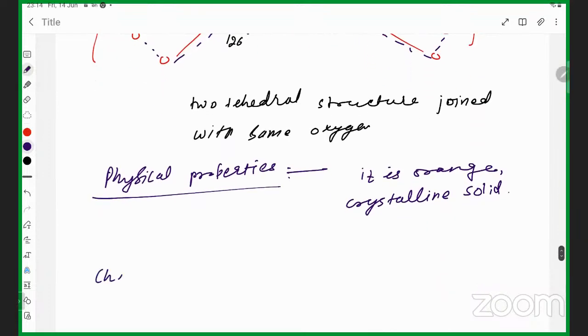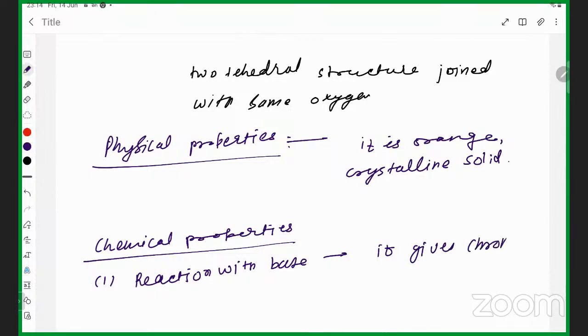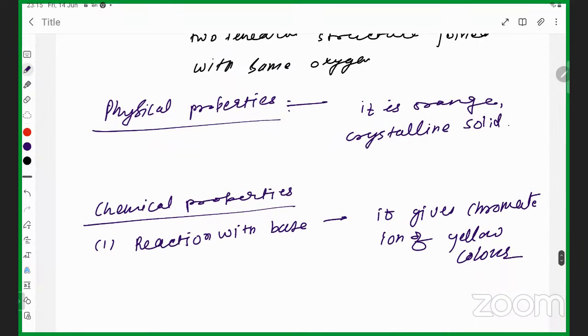Chemical properties. First, reaction with base. It gives chromate ion of yellow color.